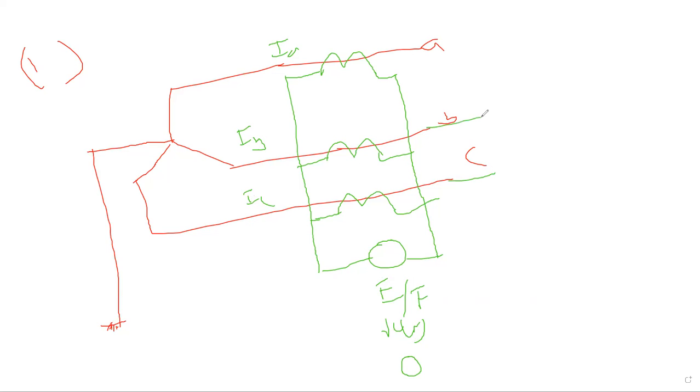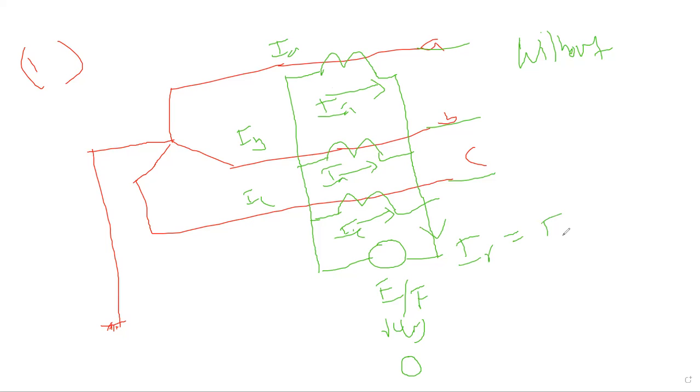Simple statement. Okay. Now let's consider this without a fault and see what happens. Without a fault, there will be current in the secondary side. This is IA, this is IB, and this is IC. Healthy phase consideration. All this total current comes to this relay, so this is called the resulting current.